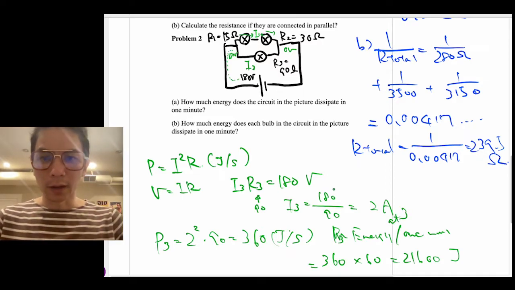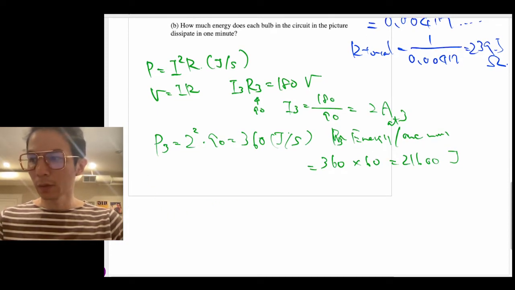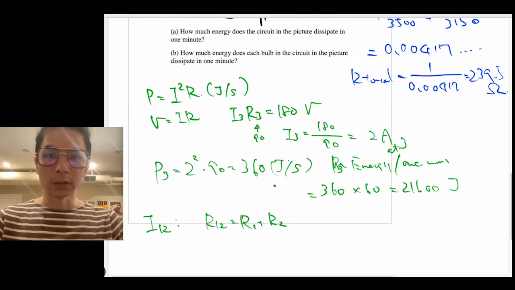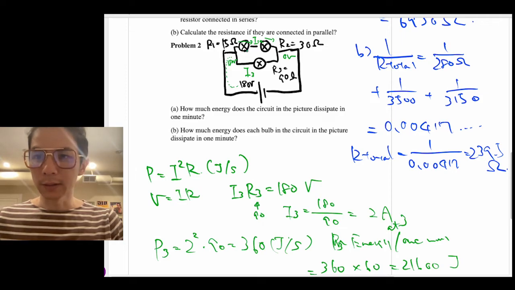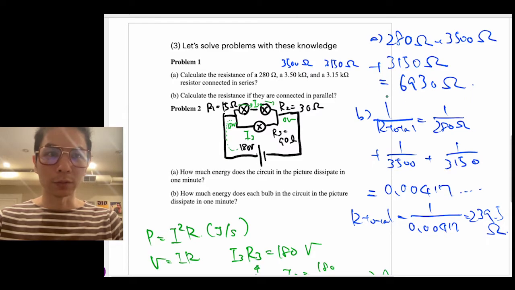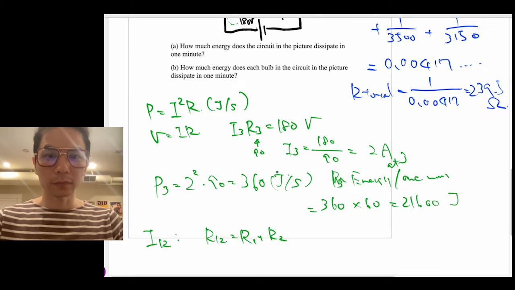Similarly, let's get I12. In order to get I12, you have to know the total resistance of R12, which equals R1 plus R2. If you only look at this part, this is in series, so you can just use the equation for series.